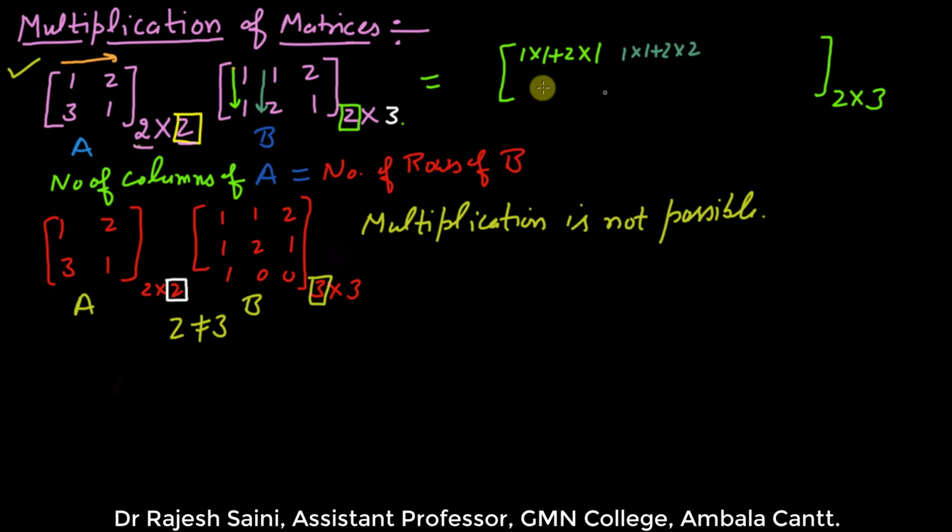Next is this entry, because it will have 3 columns. So this entry will be first row and third column. So the first row is multiplied with the third column. This is the third column.